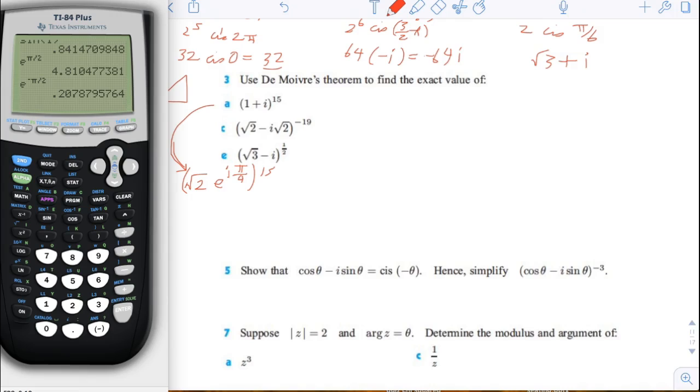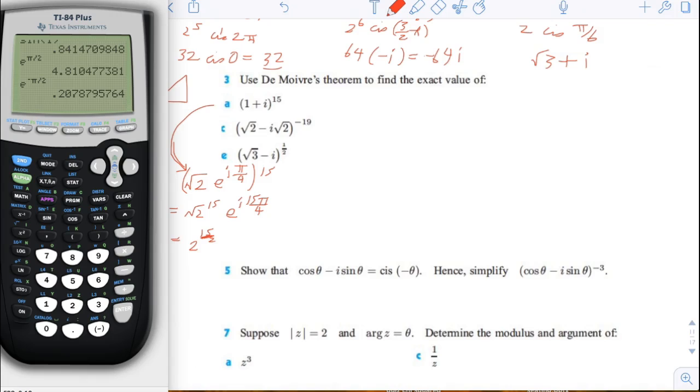So that is equal to square root of 2 to the 15th power e to the i 15 pi over 4. And square root of 2 to the 15th power is 2 to the 15 halves power. That's ugly.